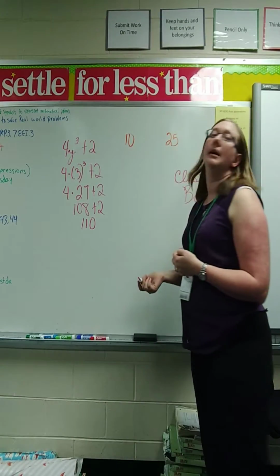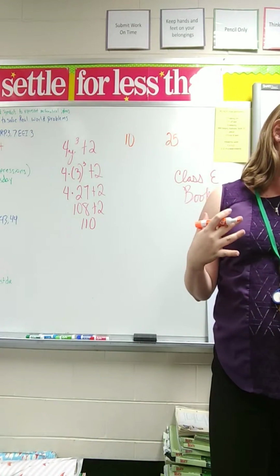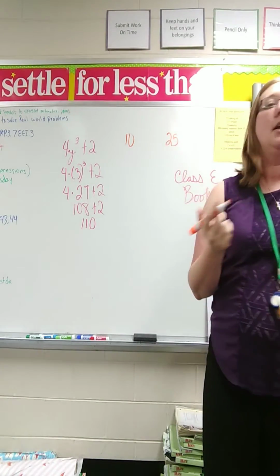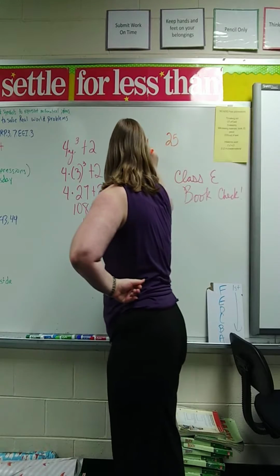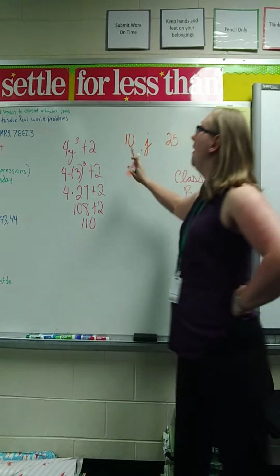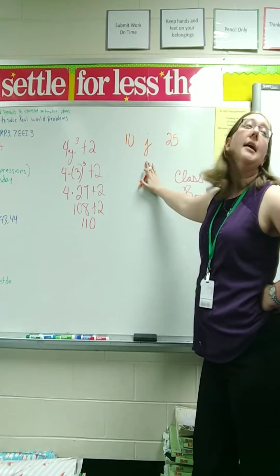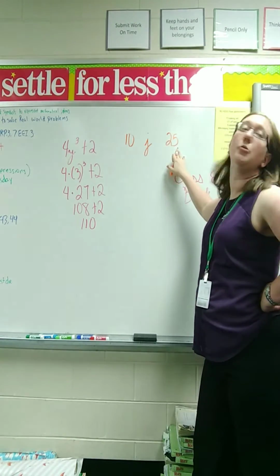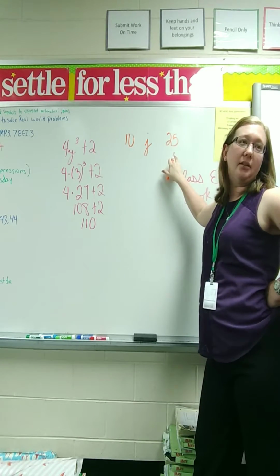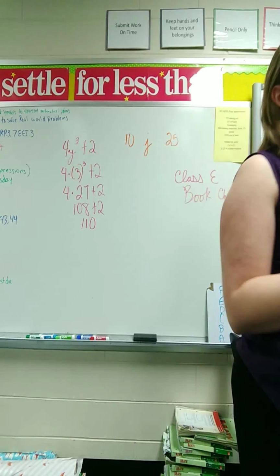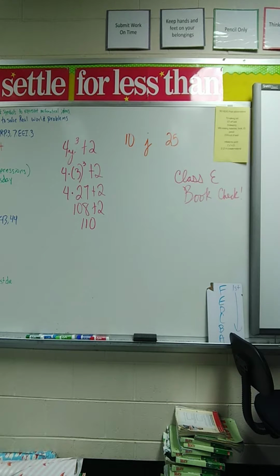Alright? Now we need a variable. Somebody choose a variable for us. J. Alright? So we have $10 a week. We have J as a number of weeks. And we have 25, which is what she started with. Now I need some operations. Okay?